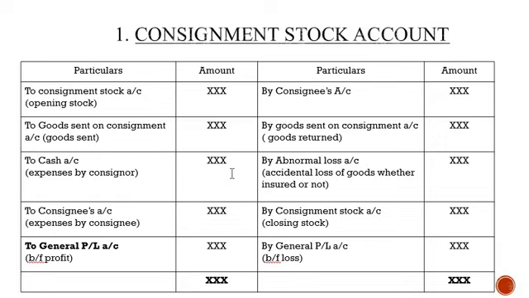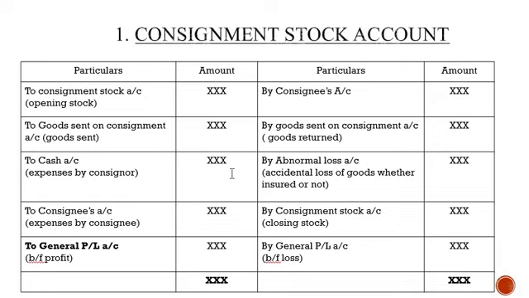For example, if the consignor is having 2 consignees, that is 2 agents to whom he gives the right to sell the goods, let's say consignee A and consignee B, he will open this consignment stock account for consignee A as well as consignee B. So different accounts for different consignees are opened by the consignor so that he gets to know what is the amount of profit and what is the amount of loss that he makes from each of the consignees, from each consignment.